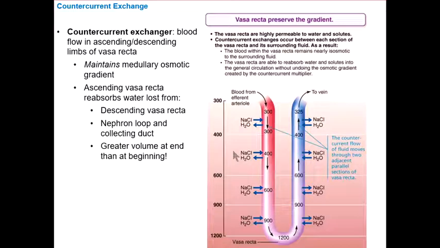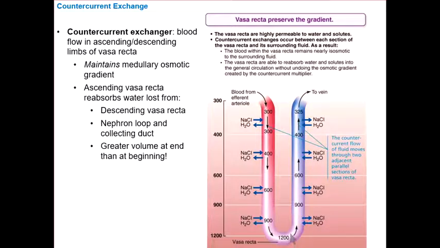So we can see in the descending portion of the vasorecta here, we're going to have water leaving and sodium entering, making the osmolarity much higher by the time we get to the bottom area here of the vasorecta, and then the opposite happens.